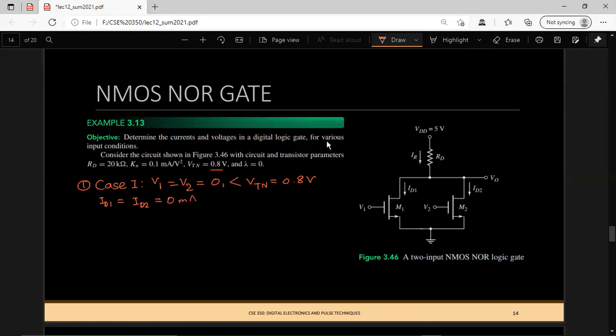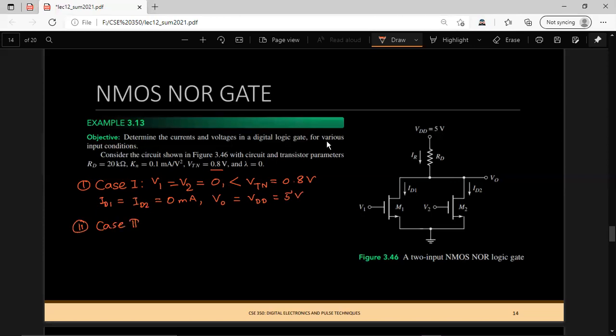There will be no current flowing through these two MOSFETs, and that will lead to the output voltage being equal to VDD, because there is no current flowing through RD. So now V0 is equal to VDD, or 5 volt.